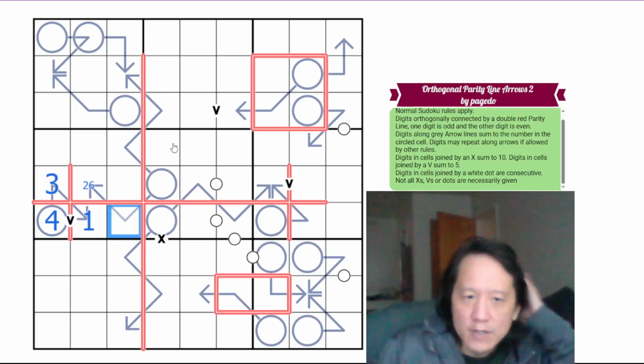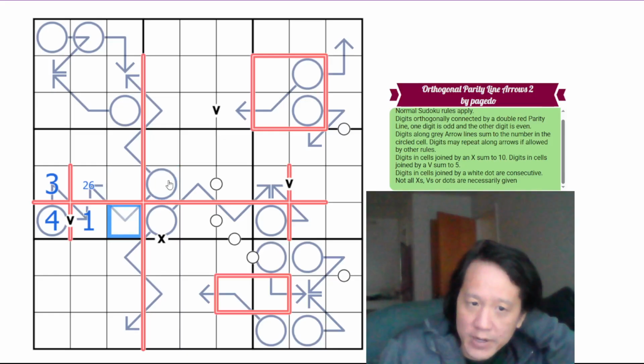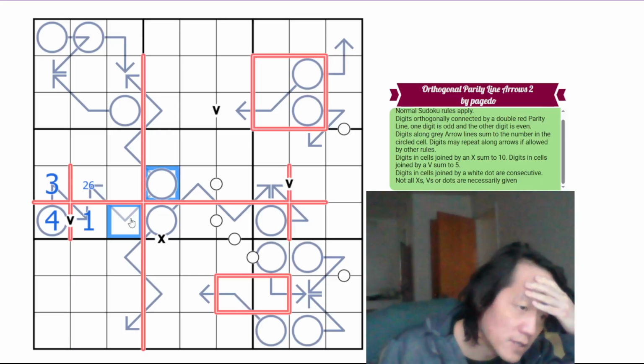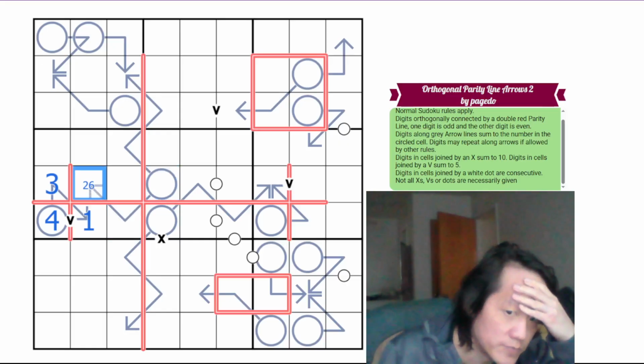Okay, wait. This is opposite parity of this, which must be the same parity as this. So these two are the same parity. Oh, well, that's given, because this is an even digit. So this is an even digit. These are odd. This must be even. It could be 2 or 6 here.